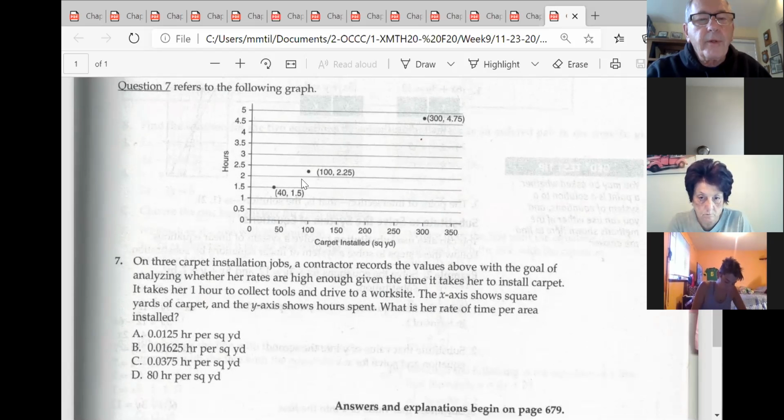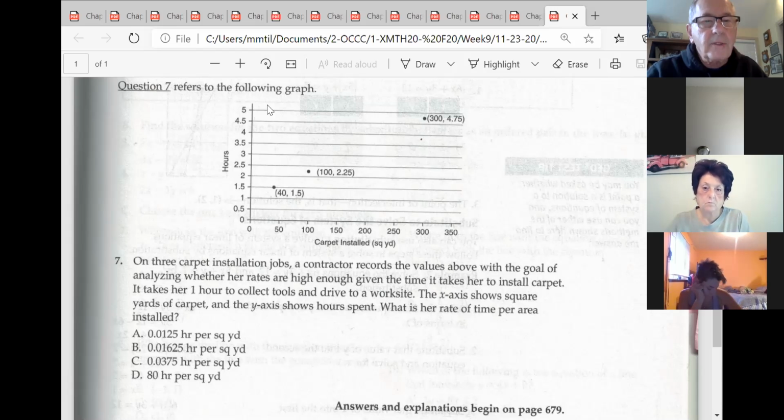You're going up from 1.5 to 2.25, and you're dividing it by 100 minus 40, or 60. This is the y value, so the hours is on this. Usually you'd put the time on this one, but anyway, they have it this way.